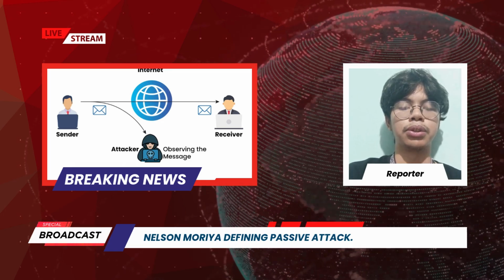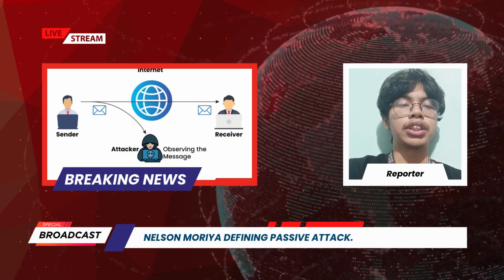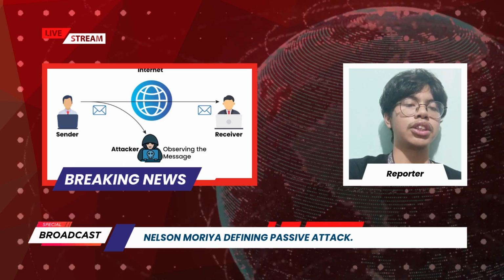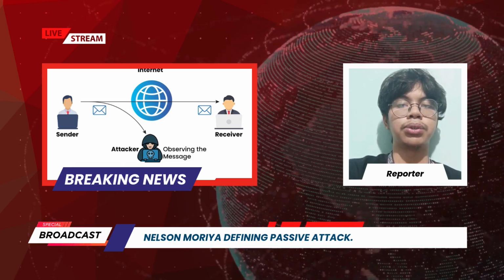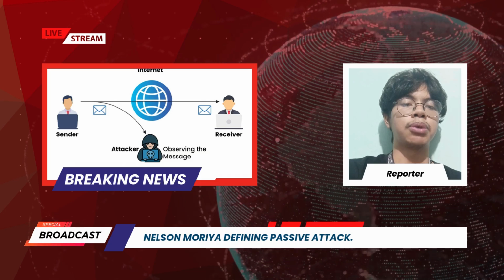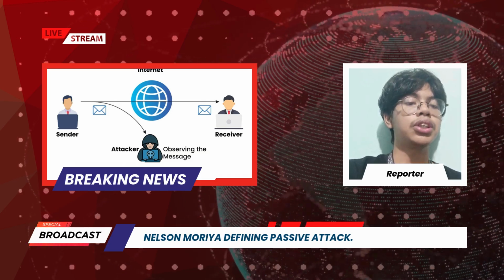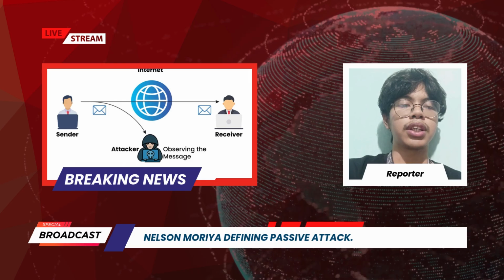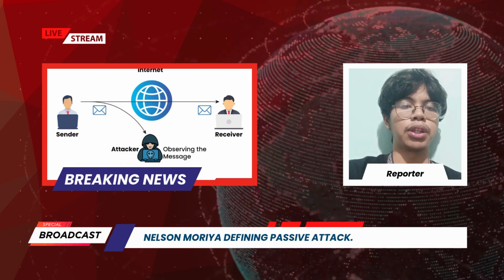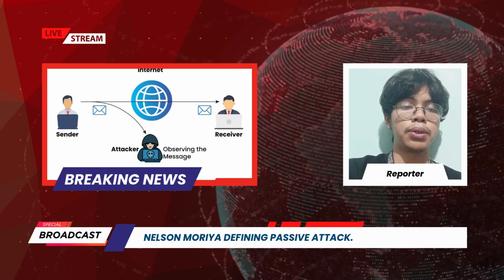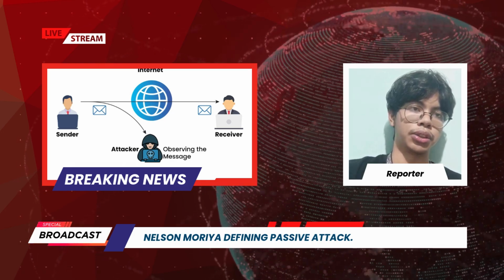Common types include eavesdropping, where data is intercepted, traffic analysis, which monitors communication patterns, and shoulder surfing, where someone physically observes someone's screen or keystrokes. These attacks primarily target confidential information and are often used for reconnaissance before a more aggressive action.